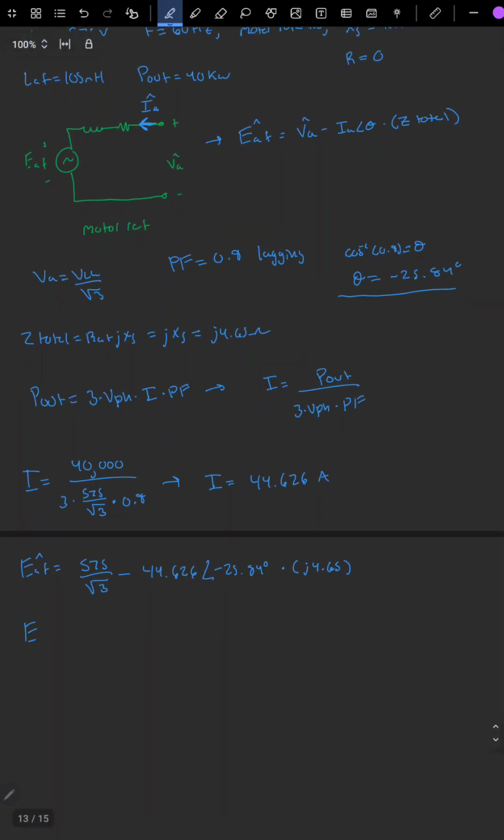So EAF is going to equal 305.3 phase of negative 37.7 degrees. I'm just going to make sure my calculations are right. So we solved the first part of the problem.